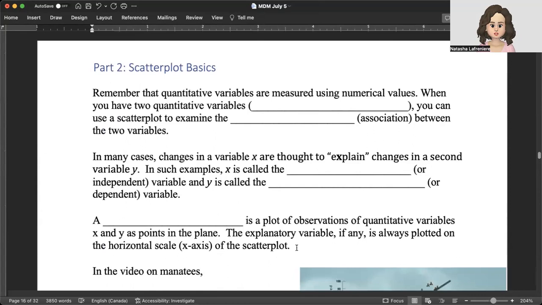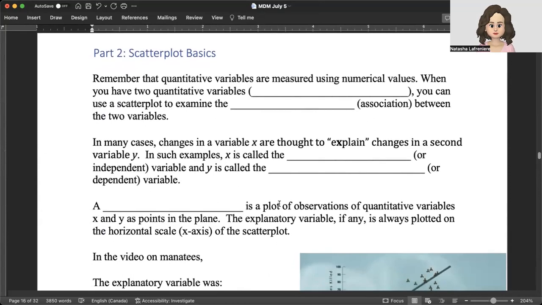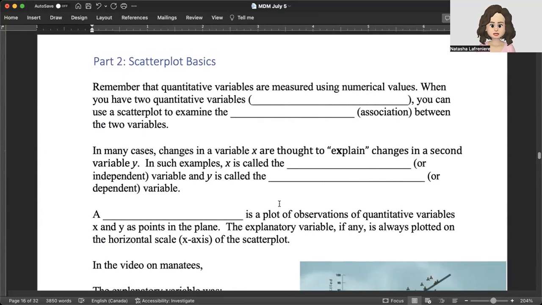So we've got some scatterplot basics. Remember that quantitative variables are measured using numeric values. So, on a scale of 1 to 10, how was your breakfast this morning? That uses numbers. So quantitative means numbers. Maybe put that down with a little star.